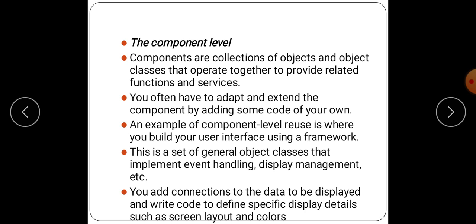Next is the component level. Components are collections of objects and object classes that operate together to provide related functions and services. You often have to adapt and extend the component by adding some code of your own. An example of component level reuse is where you build your user interface using a framework.